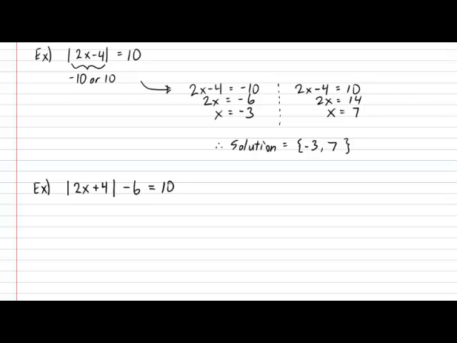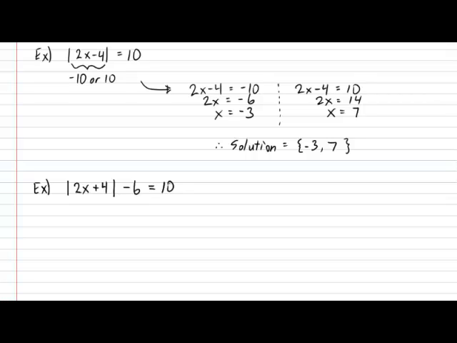For this particular equation, even before you can think about the absolute value of 2x plus 4, you have to eliminate that minus 6 on the left side by moving it over to the right side. Remember, this is an equation. All standard equation maneuvers do apply. So go ahead, pause the video, and try it now.